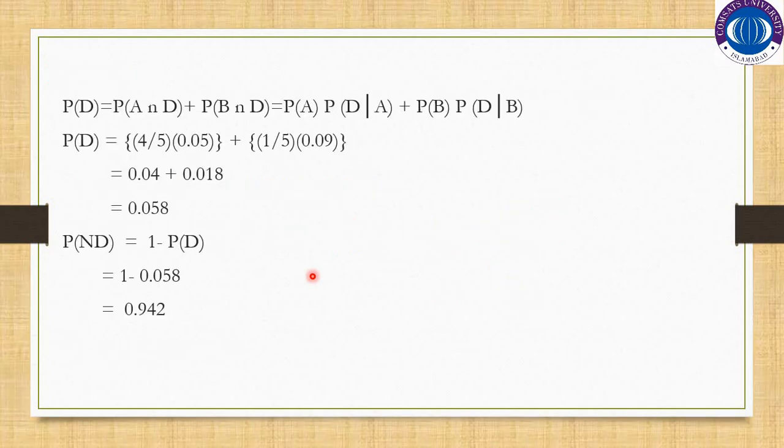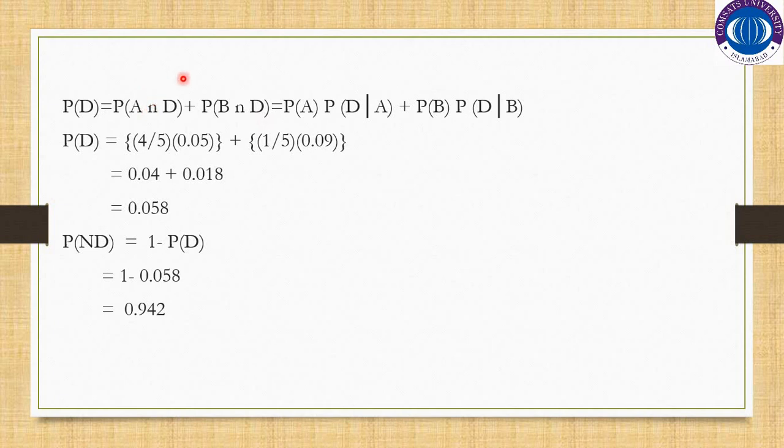Now we can find out the probability that a defective item is coming. By applying the total law of probability, we have two situations: supplier A has supplied and we got the defective item, or supplier B has given us his supplies and we got the defective item.